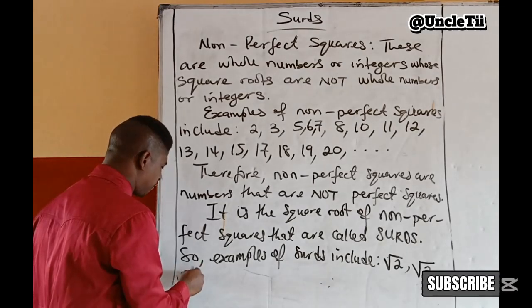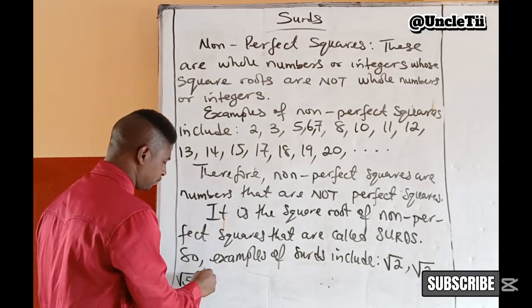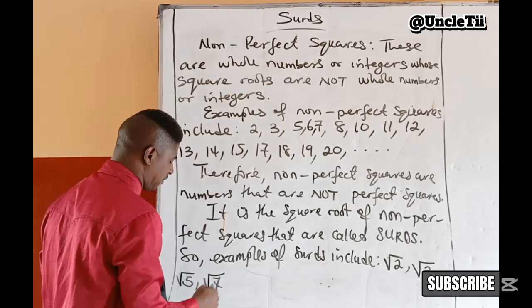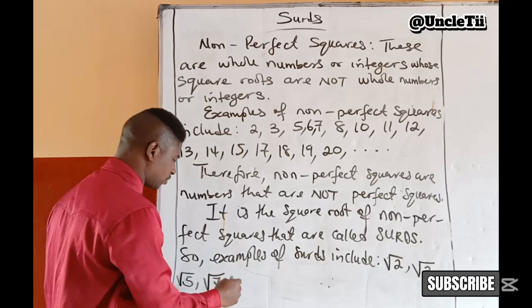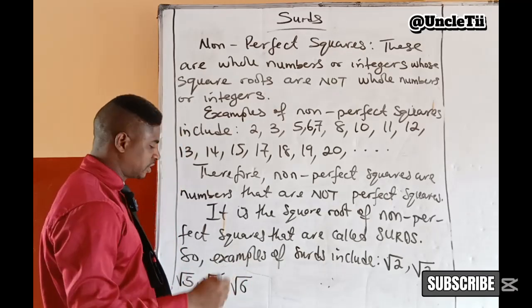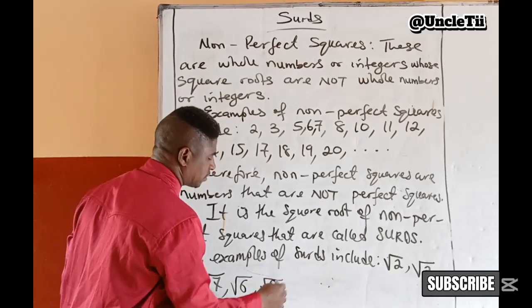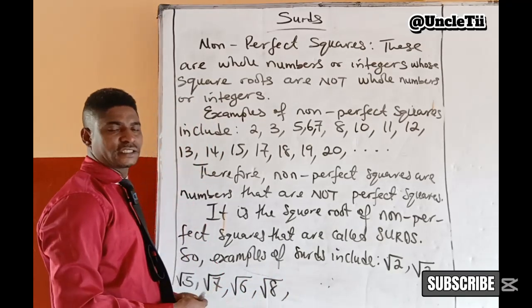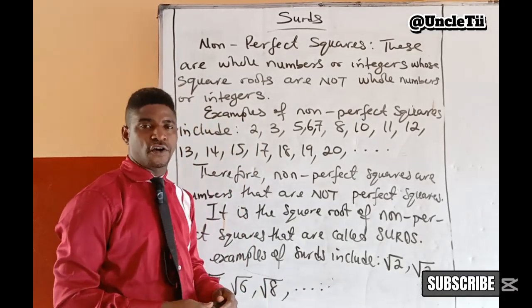Square root of 5, otherwise called root 5, is a surd. Square root of 7, otherwise called root 7, is a surd. Even the square root of 6, otherwise called root 6, is a surd. Square root of 8, otherwise called root 8, is a surd, and so on and so forth.